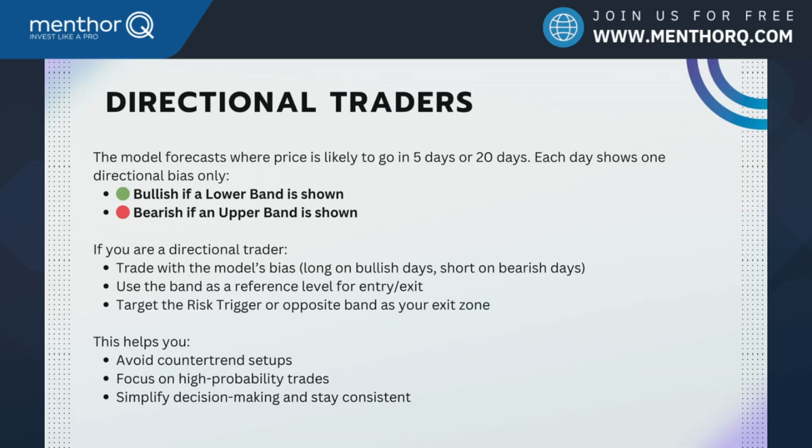The idea is that this provides you with a clean roadmap that is really looking at data. It's not looking at simply support and resistance areas in the chart, but it's using our advanced analytics to provide you with guidance and a roadmap for the move in the next 5 or 20 days.